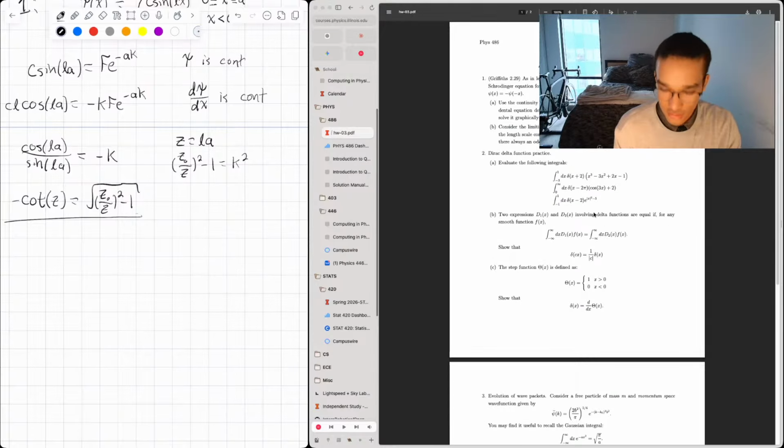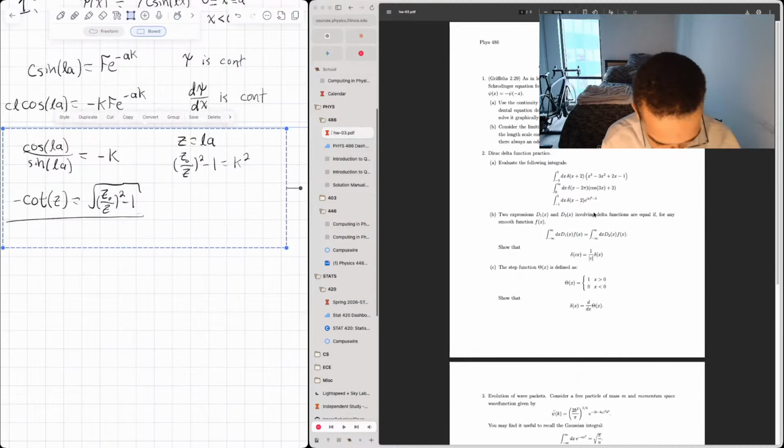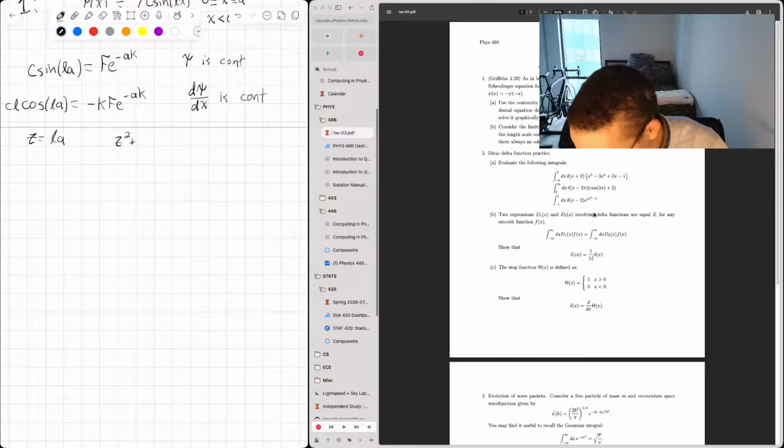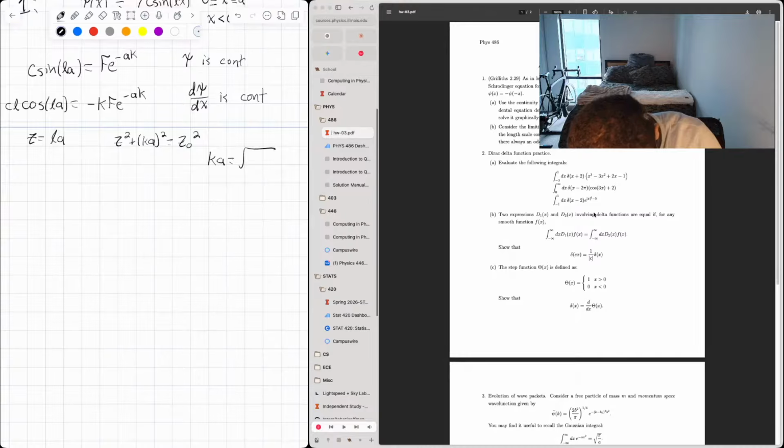Okay. So I'll leave this on my equation sheet the way that it is, and I can derive it from that. So I have Z equals LA, and then I have Z squared plus KA squared equals Z naught squared. So this gives us KA equals root Z naught squared minus Z squared.